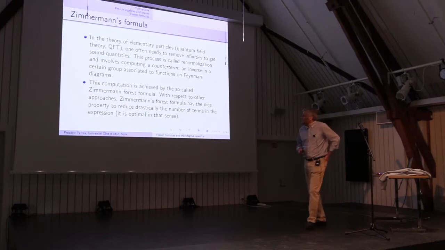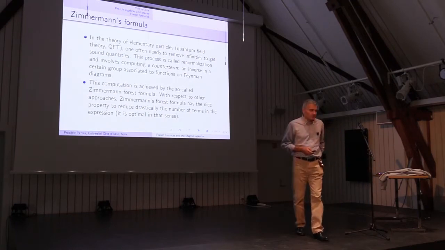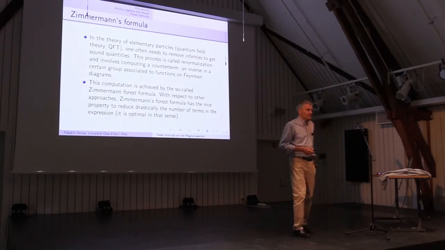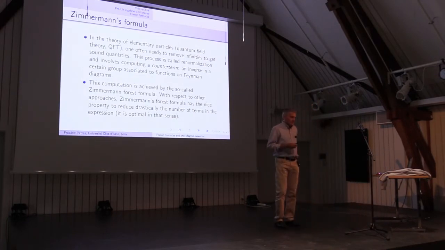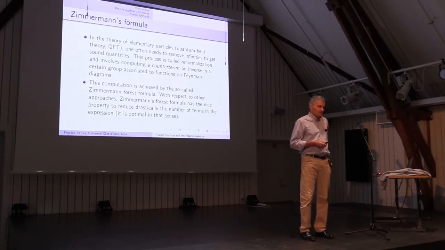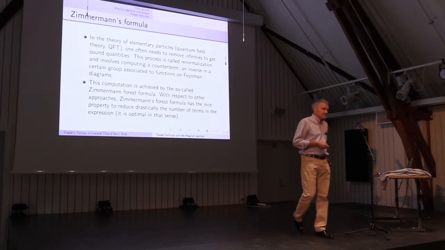So very briefly, a remark on the terminology. I won't explain these things in detail, but the terminology forest formula comes from quantum field theory essentially. There's a formula there related to a topic we mentioned already today, which is renormalization.